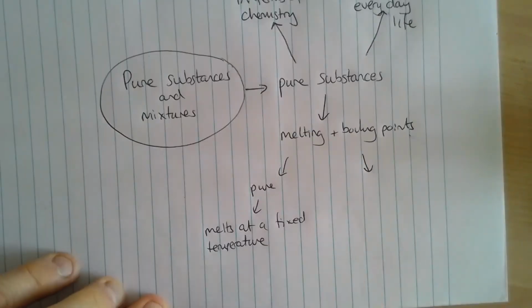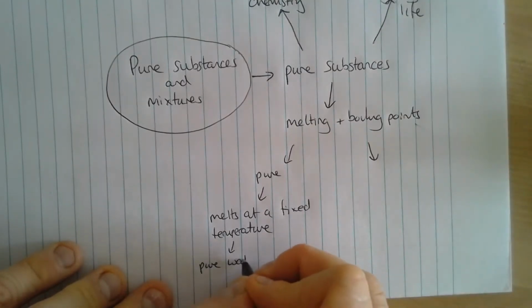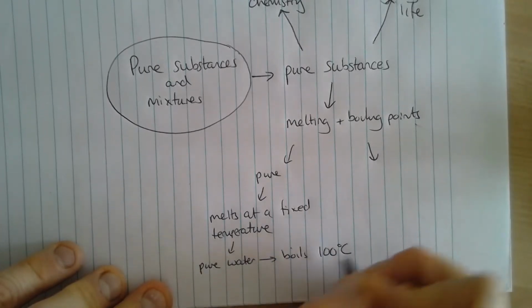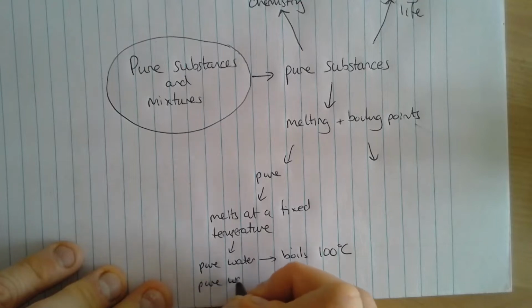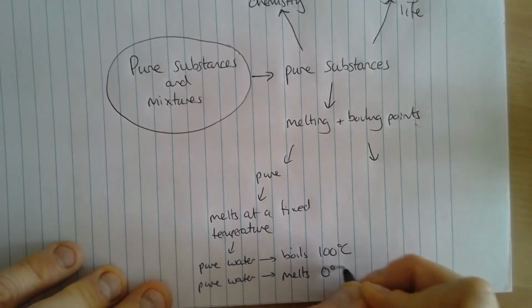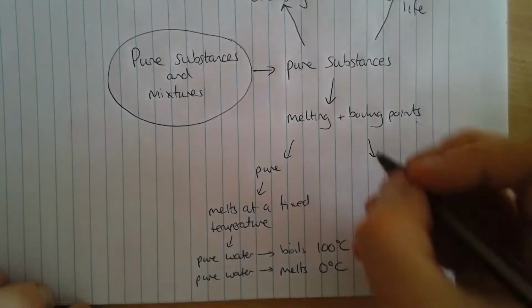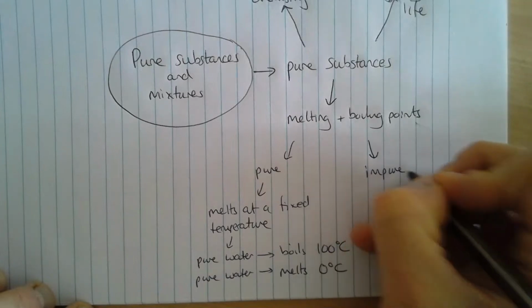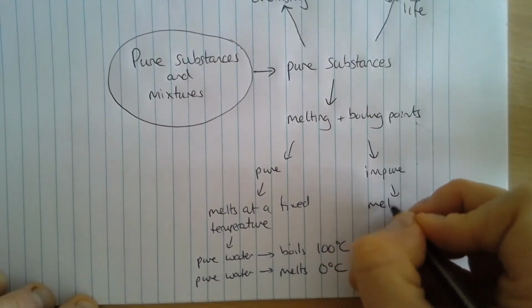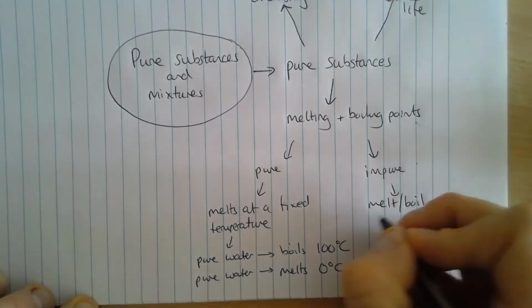So the examples that we need to know is pure water boils at 100 degrees Celsius and pure water melts at 0 degrees Celsius. Impure substances melt or boil over a range of temperatures.